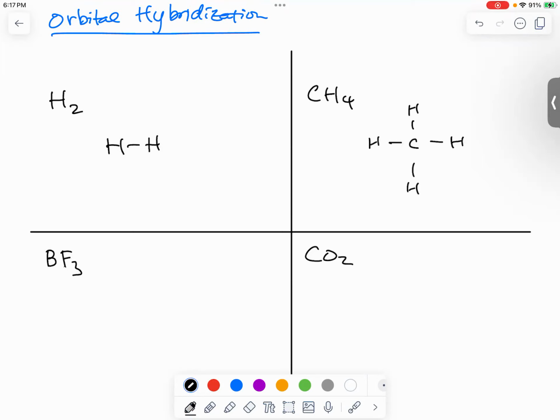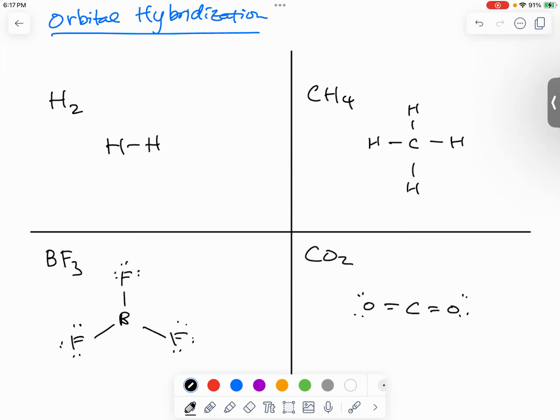But if you have to rely on the methods, sure. These structures are pretty straightforward, they all achieve octets. BF3 is a little bit special because boron needs only 6 electrons rather than 8. And CO2 would have a pair of double bonds with oxygen.